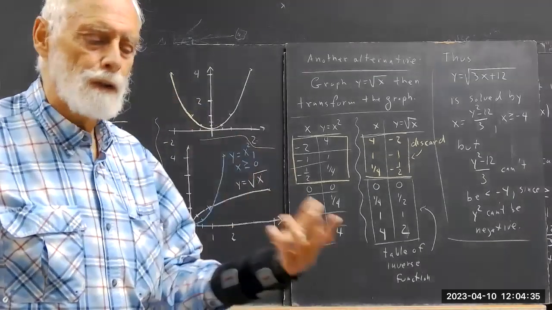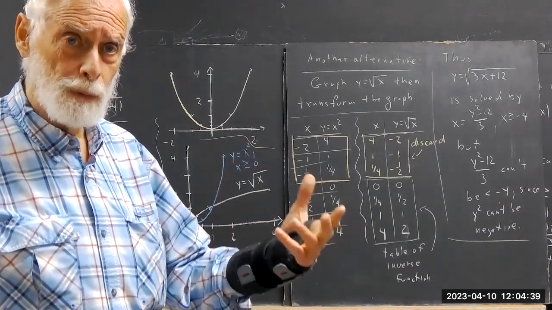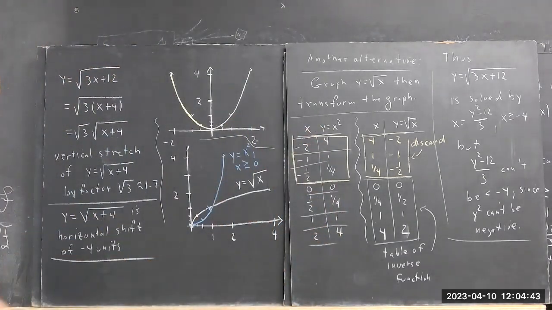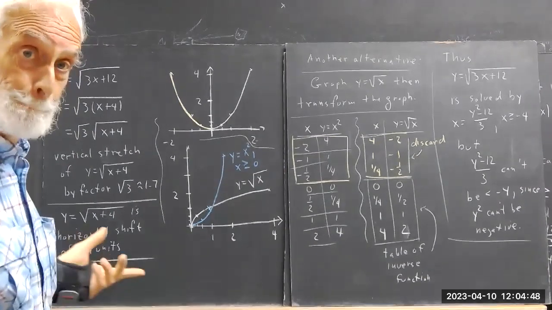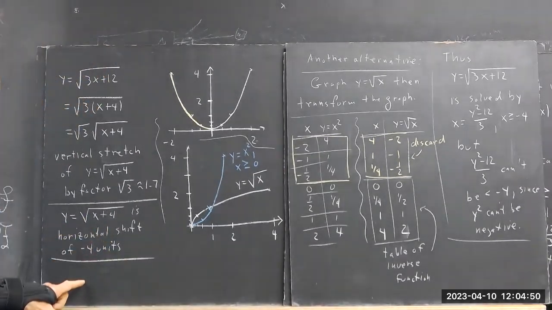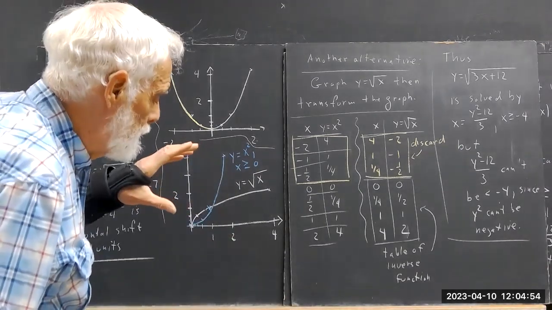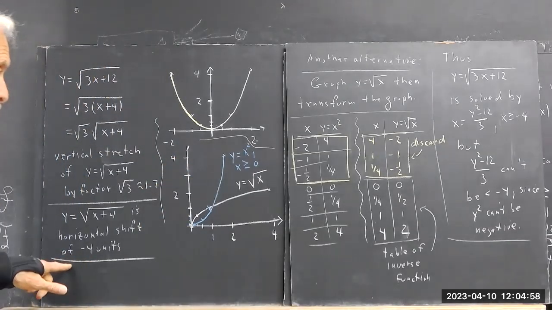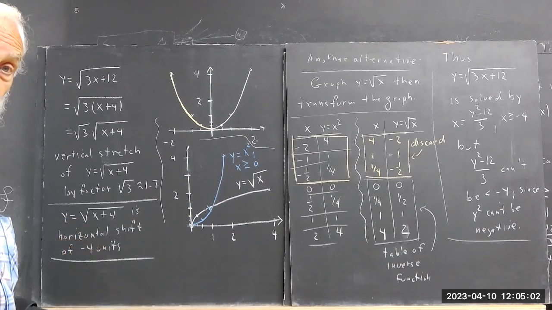Now, I should have reviewed what we did last time. We talked about horizontal shifts. I think we covered vertical stretches and shifts and horizontal ones. Just want to make sure we did. Okay, so that's pretty cool. We have all the ideas that we need now to sketch a graph of y equals the square root of x plus 4.